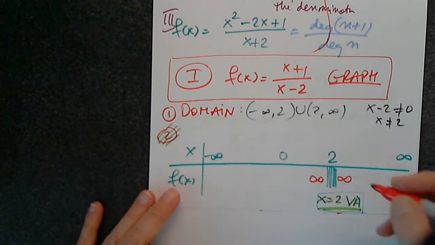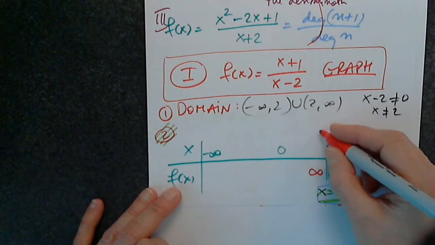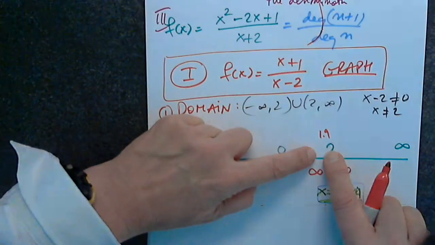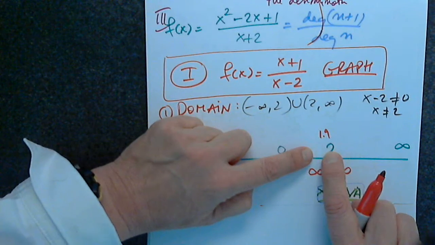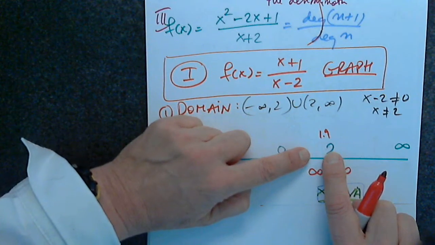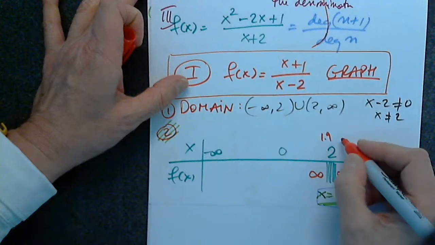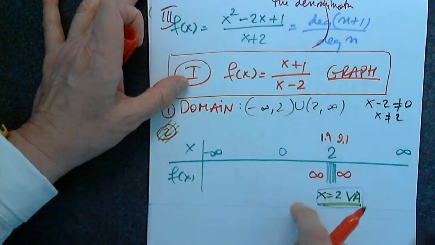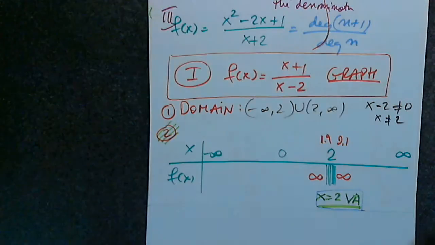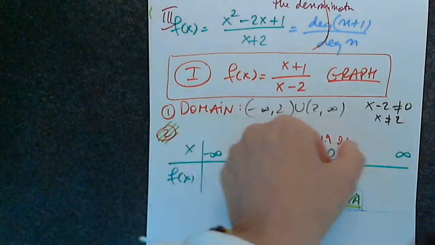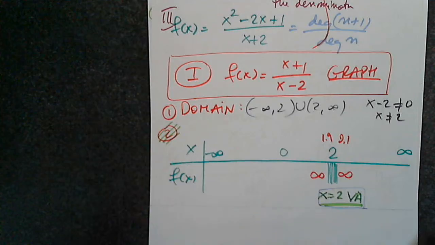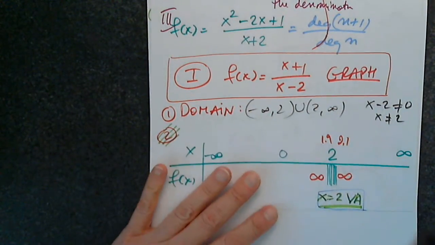I will use a number very close to 2, like 1.9. Notice that I do not put it in the table. I'm not going to determine anything other than the sign. And on the other side of 2, 2.1. These 2 numbers are close enough to 2. I cannot use 1 or 5. They're too far away. But 1.9 and 2.1 are close enough.